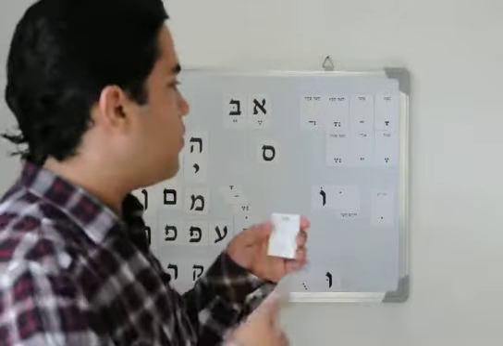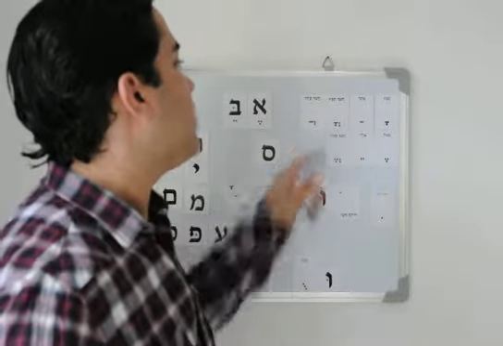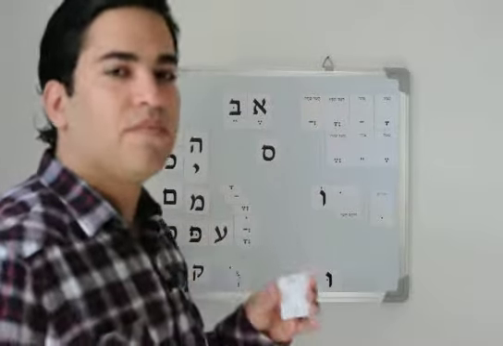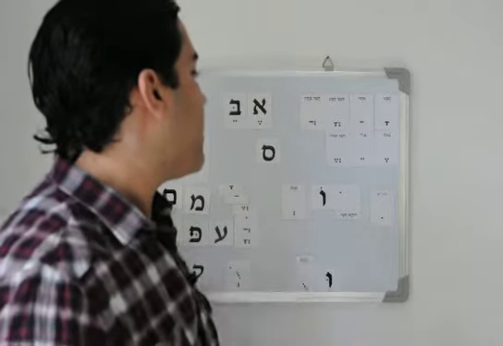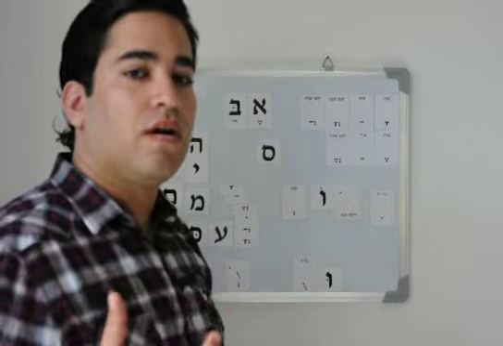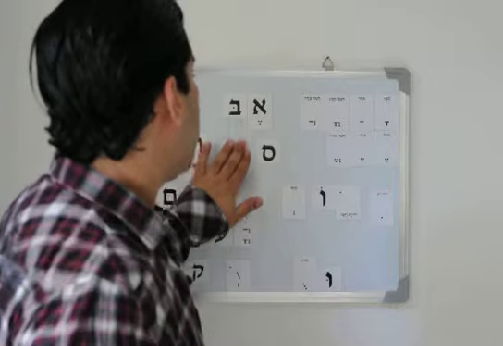We have 2 dots. We already saw it in Chataf Segol and also in Chataf Kamatz, Chataf Patach. Chataf Kamatz is Kamatz and Shva. Shva is a little bit stuck, so I have to take an example to show you how it sounds. For example, the letter Bet.